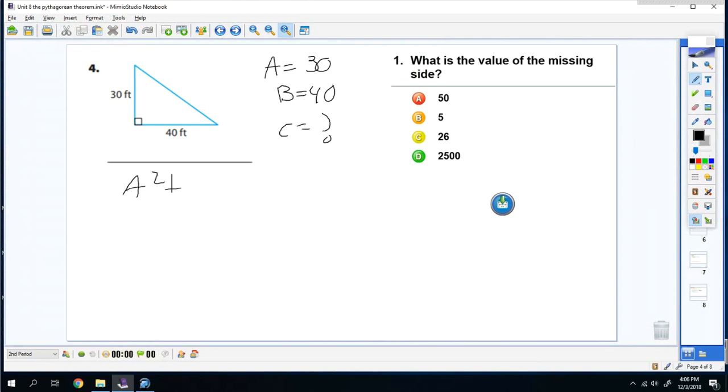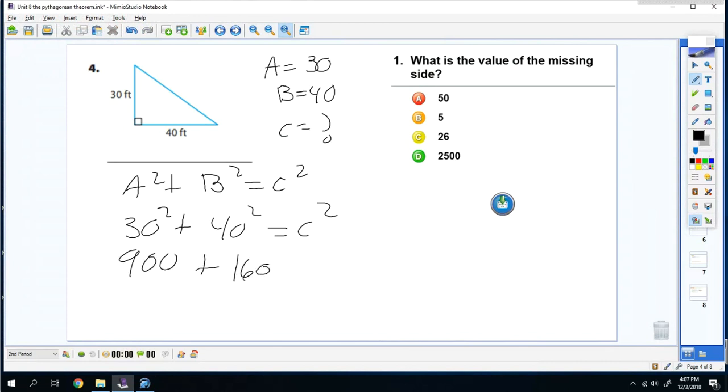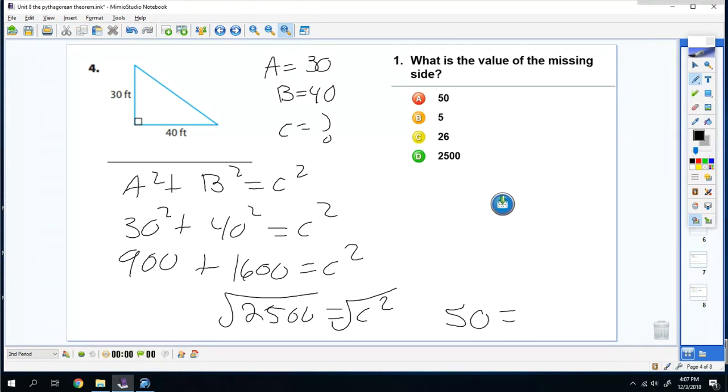So A squared plus B squared equals C squared. 30 squared is 900, 40 squared is 1600. 900 plus 1600 is 2500. So 2500 equals C squared. So you find the square root of 2500, which is 50. So the answer would be, oops, not 5, 50.